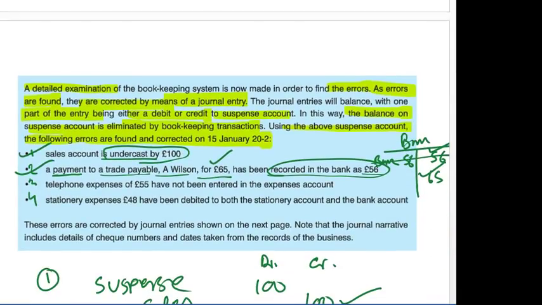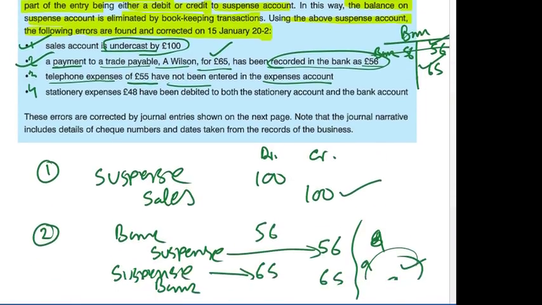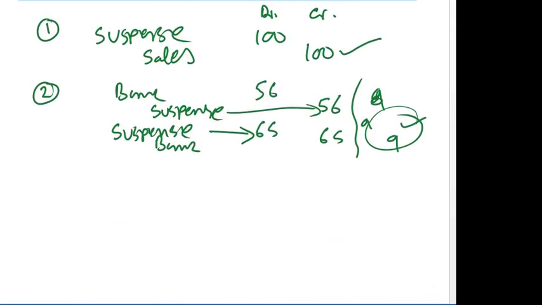First two are done. Number 3, telephone expenses of 55 have not been entered in the expense account. So this is partly omission. Expense account not done, other account nothing said, it should be fine. So it's pretty simple. You do expense debit and suspense credit. Yep, let's keep doing it. Telephone expense debit 55, just double checking.